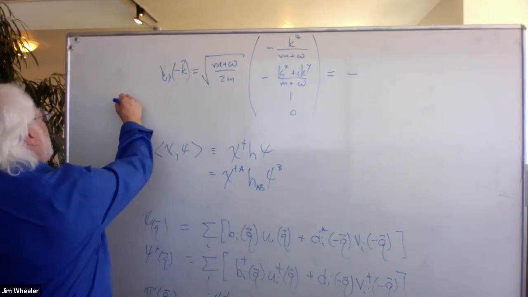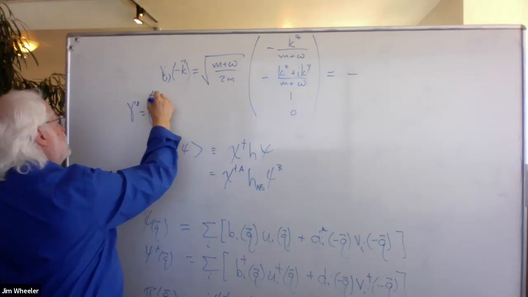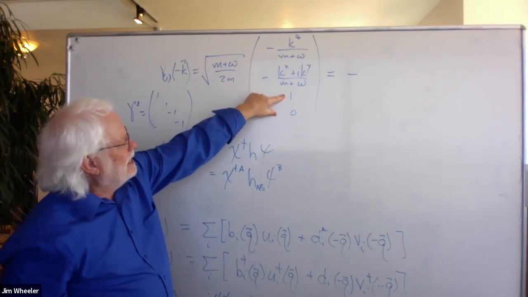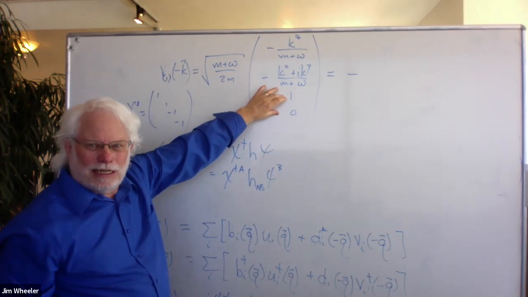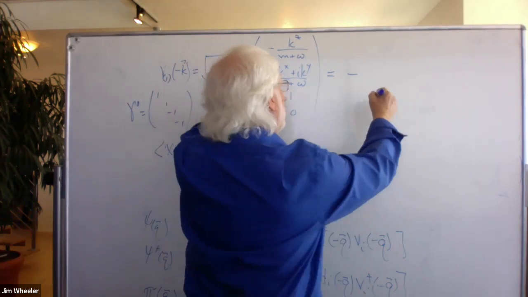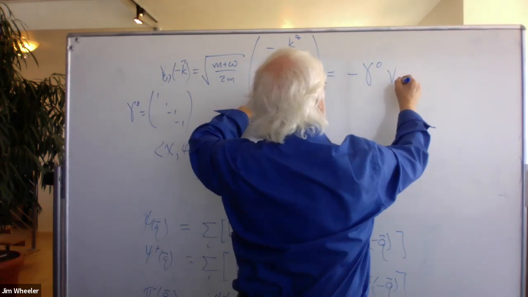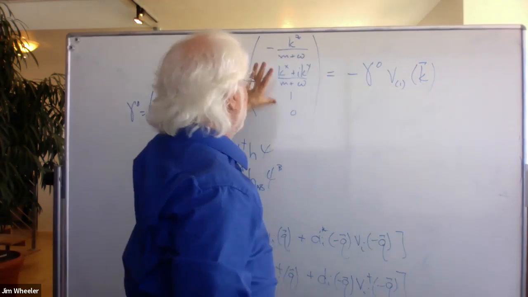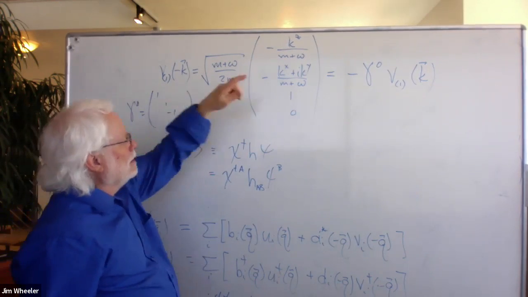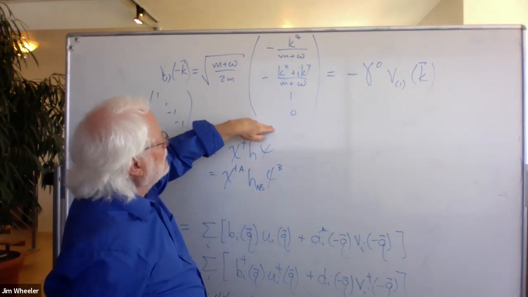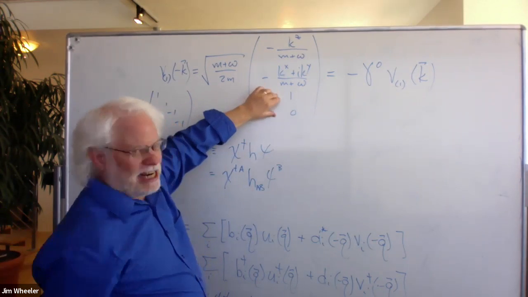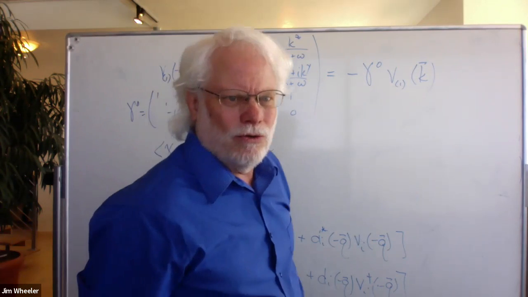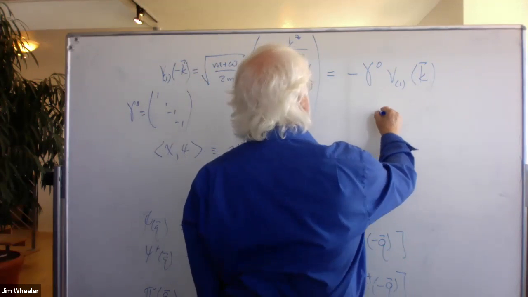Now, if you remember, gamma 0 is 1, 1, minus 1, minus 1. So I can fix the minus sign in these last two components by multiplying by a gamma 0. So if I write minus gamma 0 V1 of plus K, it's the same thing. This minus sign changes everything to a minus, then the gamma 0 puts this back to a plus, and we have V of plus K. And the same is true for V2. I'll just write that one.